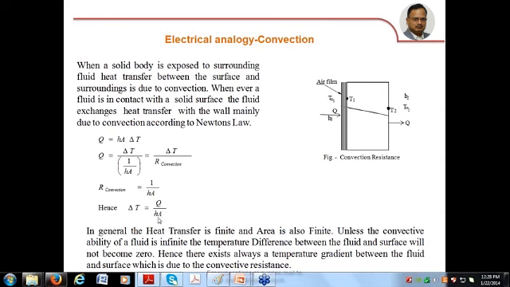So no fluid is having infinite convective ability. Therefore, h is always finite, and hence, as discussed earlier, there always exists a temperature difference between the surface and surroundings, and that is due to the convective resistance.